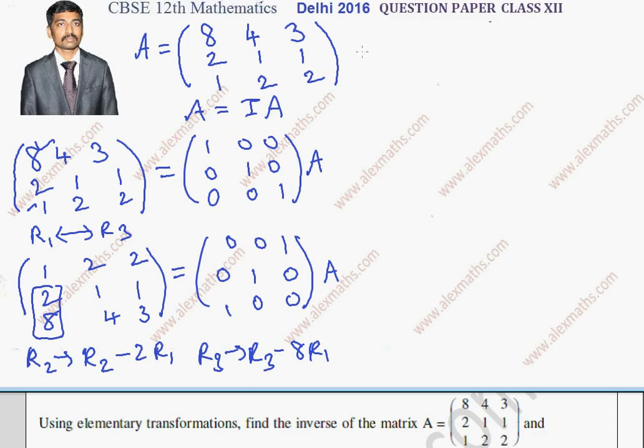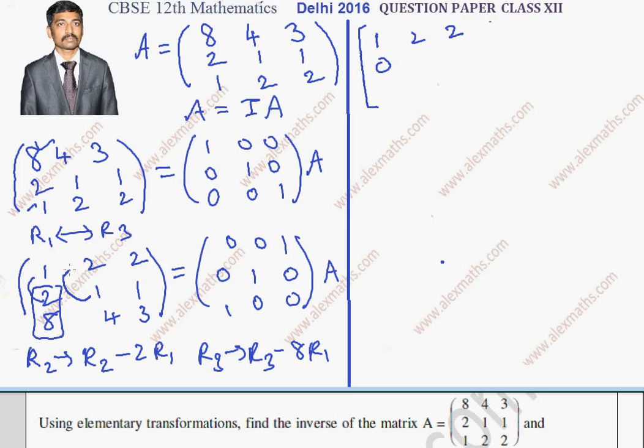Okay, I'll continue here. Now R1 we are not doing anything, so I'll write R1 as it is, which is 1, 2, 2. Now if I do R2 minus 2R1, this will become 0. Then 2 minus 4, that is minus 2. Then 1 minus 4, again 1 minus 4, so minus 3, minus 3.